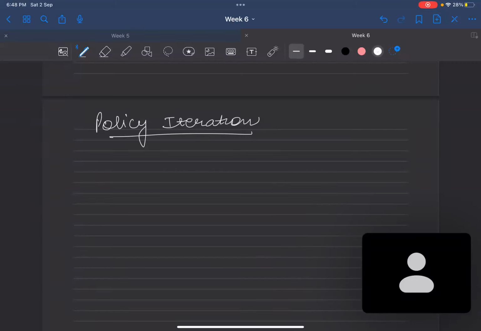Some prefer policy iteration, it depends on the problem as well, whether to prefer policy iteration or value iteration. So basically select pi naught. There are two steps here: policy evaluation and policy improvement, basically PE and PI here.